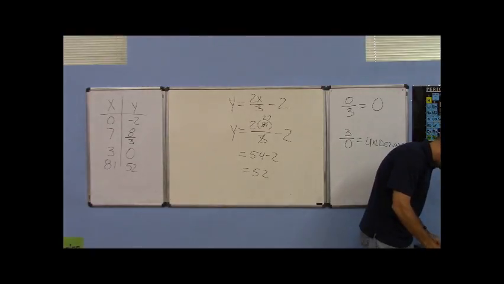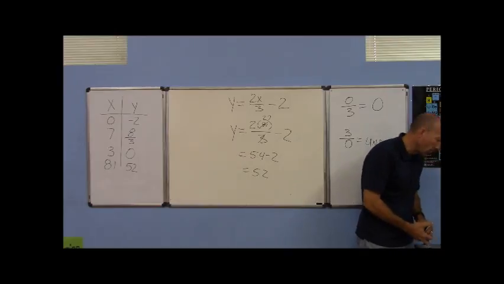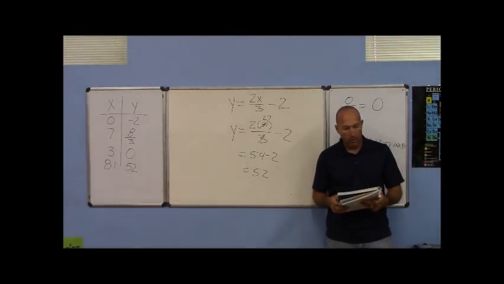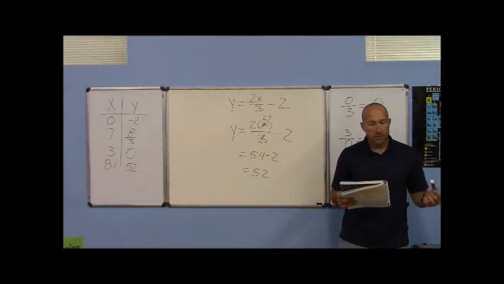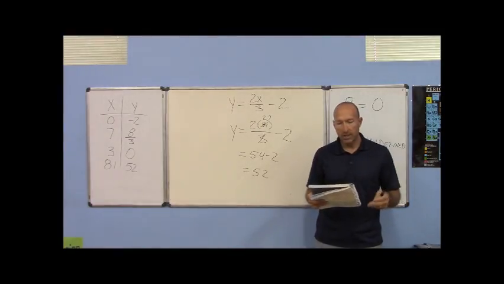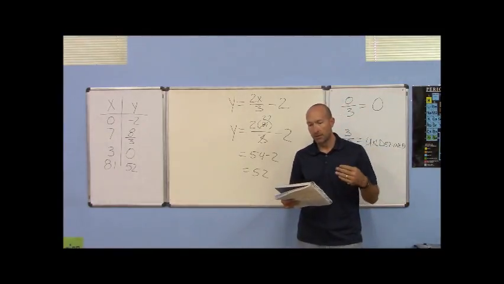Awesome. Now, whenever we graph these, we have what's called a slope of a line. And we're on page 101 now. The definition of a slope of a line is the ratio of the change in y values of 2 points on a line to the change in x values of 2 points on a line.